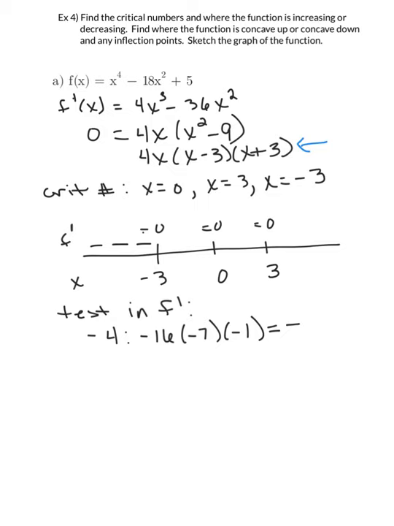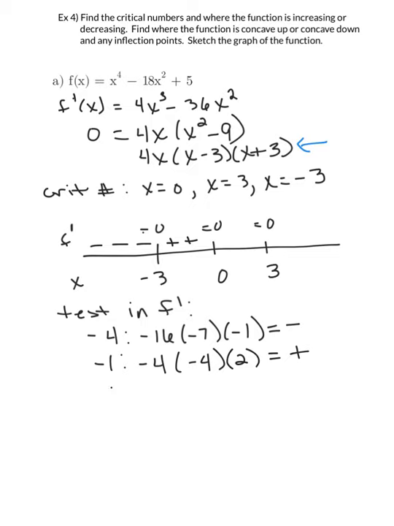Between negative 3 and 0, let's test negative 1. Putting that in the factored form, we'll get negative 4 times negative 4 times 2. And 2 negative signs equals positive. So between negative 3 and 0 is positive.